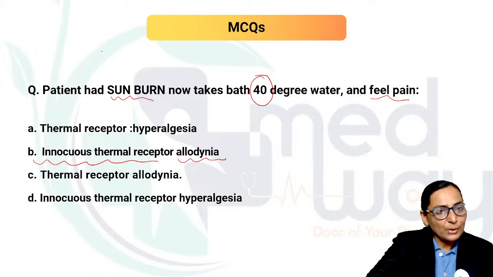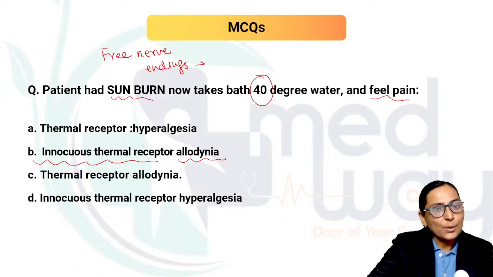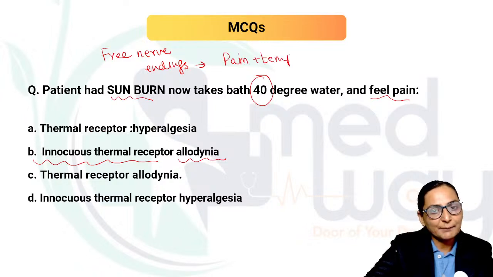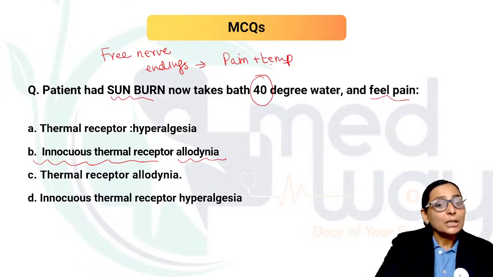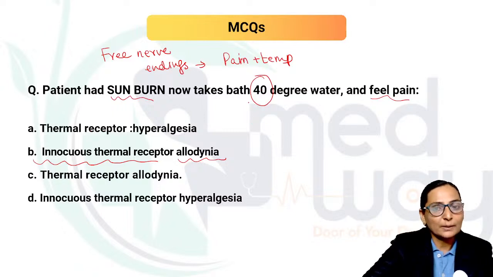Remember that you have got free nerve endings which are responsible to transmit your pain and temperature. Okay? Now, when the temperature is more than 40 or it is very, very cold, apart from the temperature receptors, the pain receptors also get activated.